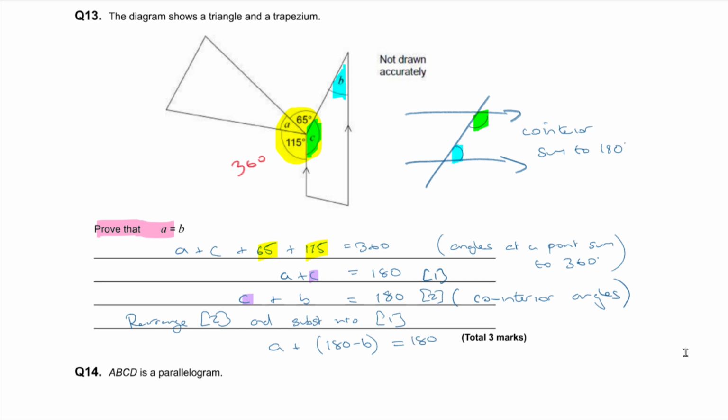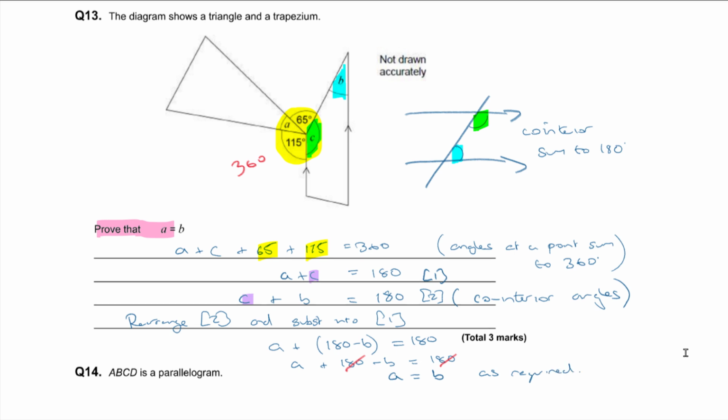Making C the subject and replacing C in equation 1 with what I've got. Removing the brackets, I get A plus 180 minus B is equal to 180. I've got 180 on both sides, so they cancel each other out. Then if I add B to both sides, I get A is equal to B, as required.